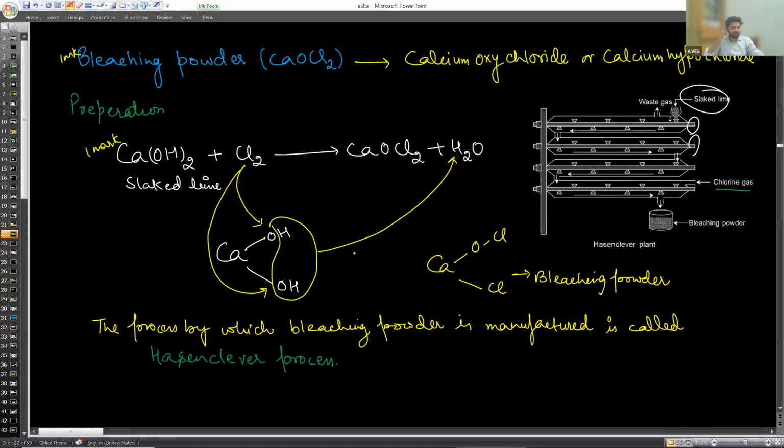Next is bleaching powder. Bleaching powder is very simple. Let's say you have calcium hydroxide. Its name is calcium hydroxide. Means what is actually bleaching powder? First, let me explain to you.